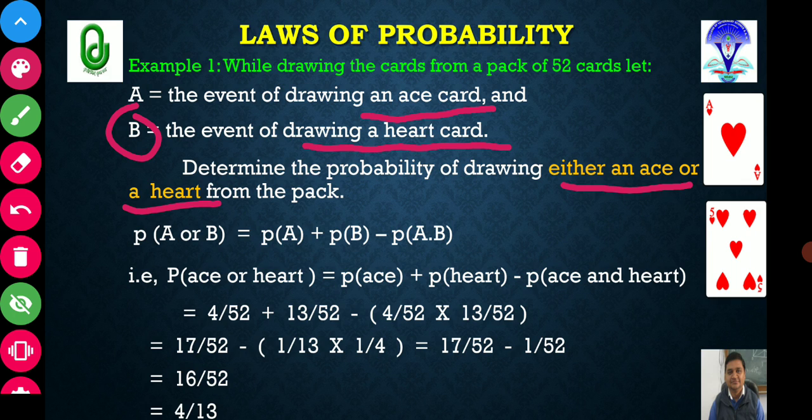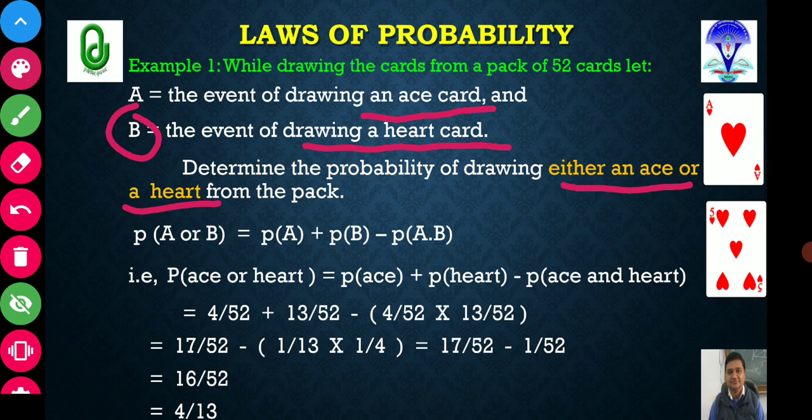After seeing the question, you have to determine whether this is a mutually exclusive event or a mutually non-exclusive event. Here you can see what the events are. The events are the drawing of an ace card. You can remember how many ace cards there are in a pack of 52 cards. There are 4 ace cards in the pack of 52 cards. Now how many heart cards are there in a pack of 52 cards?